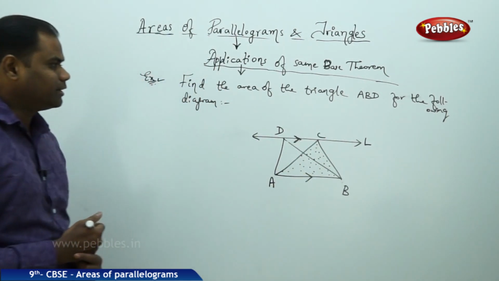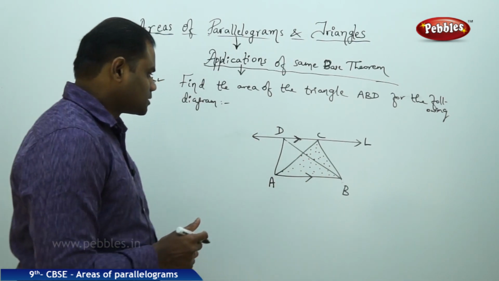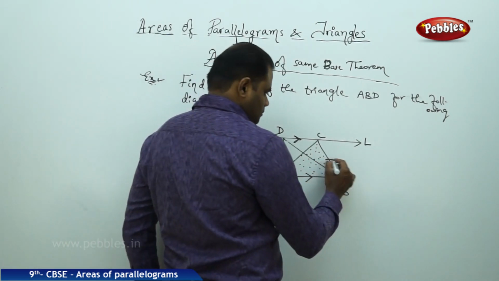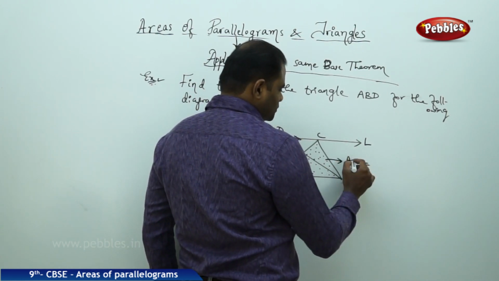Here I have to find area of triangle ABD as clearly seen in the diagram. It is given with area of triangle with the dotted region.